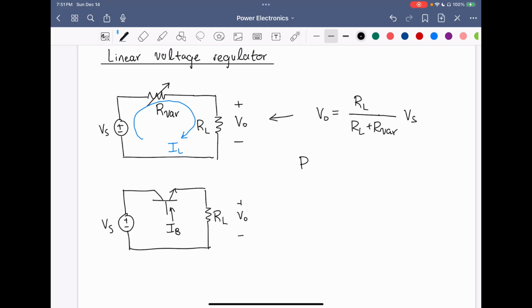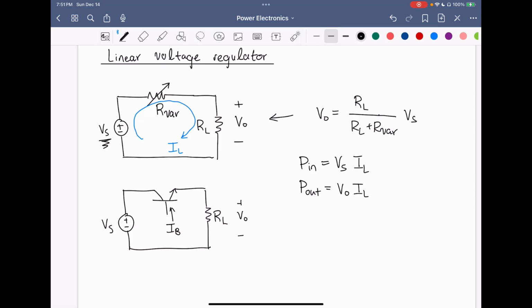The input power is given by voltage times current. So the voltage is Vs and the current is IL. This is the power that the source voltage Vs is delivering to the rest of the circuit. Now the output power is given by the voltage VO and the current IL.